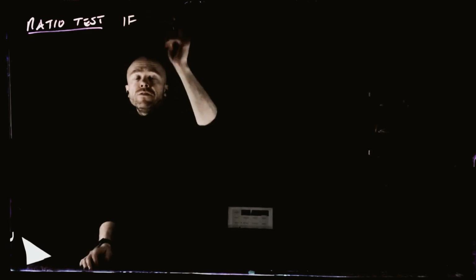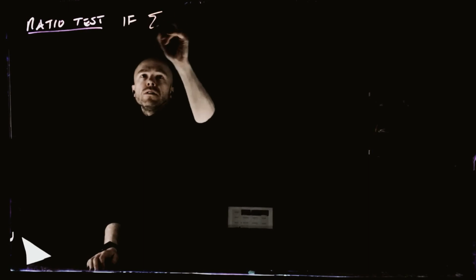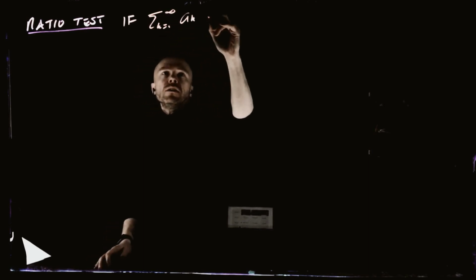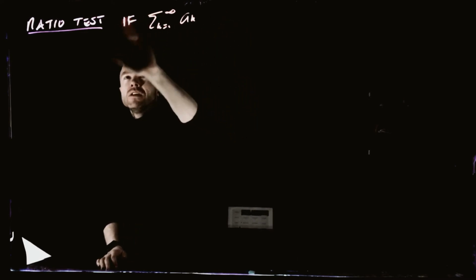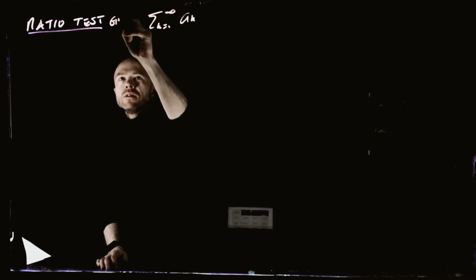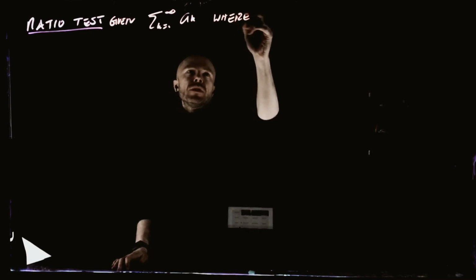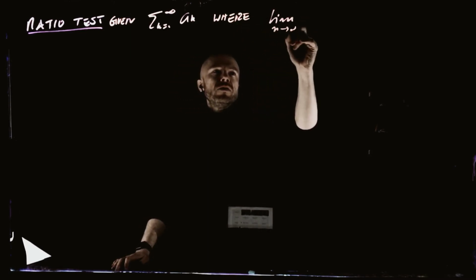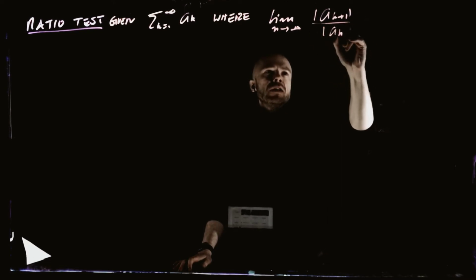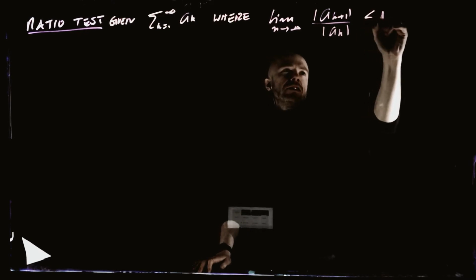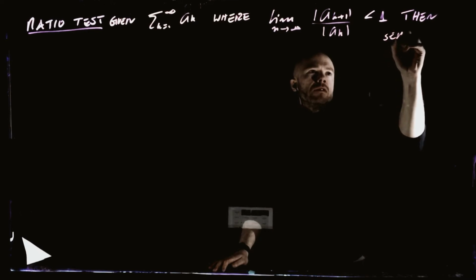So if we have a series, and now we don't know if it necessarily has positive terms or not, so given a series, the sum k equals 1 to infinity of a_k, where the limit as n goes to infinity of the absolute value of a_(k+1) over the absolute value of a_k exists, and it is less than 1, then the series converges absolutely.